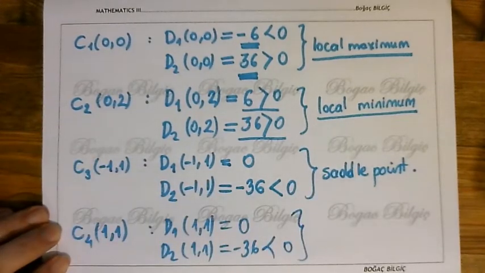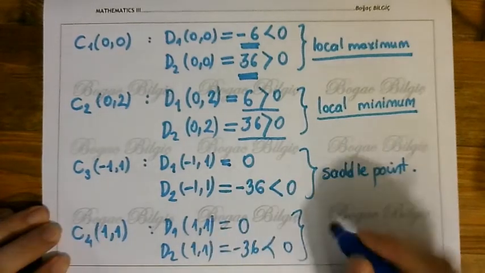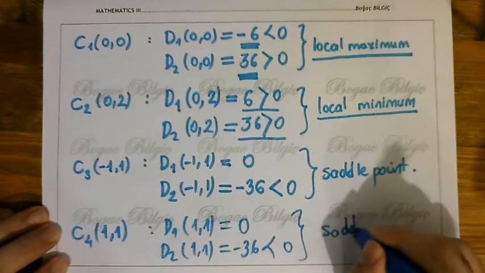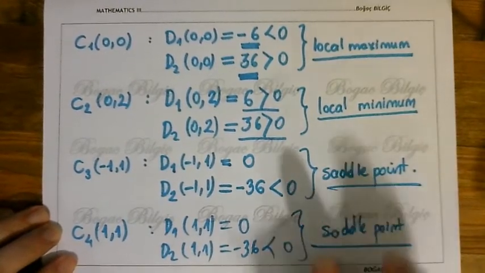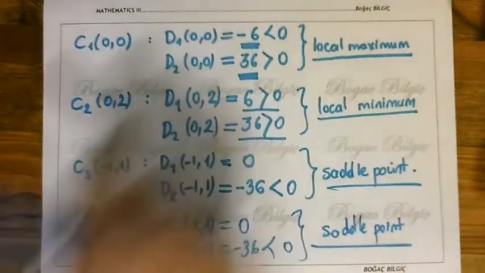So, C4 is also a saddle point. Saddle point, local minimum, local maximum.